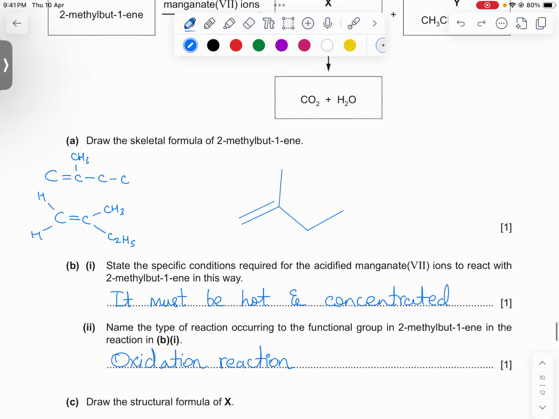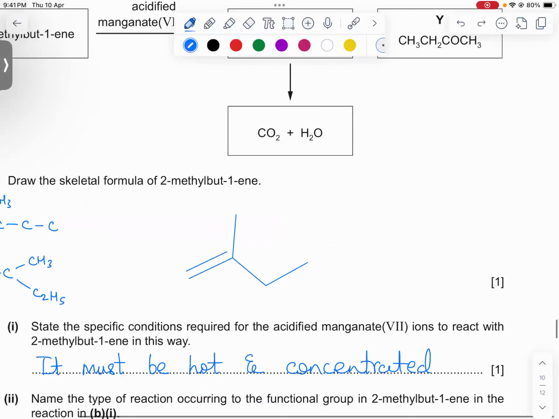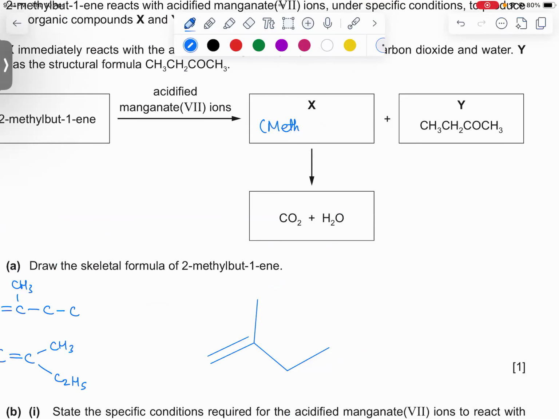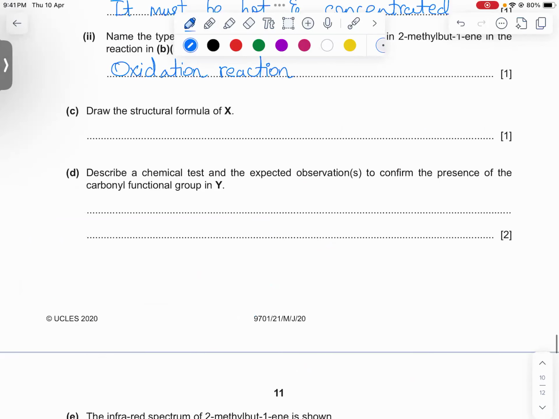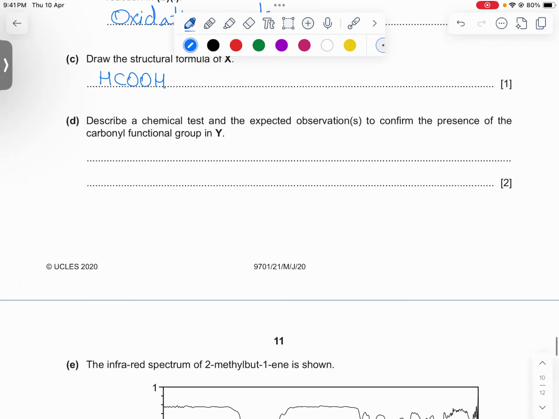So the structural formula of X would look like this because it contains a single carbon. This is always methanoic acid, right? So X is actually methanoic acid that is formed as an intermediate. So we say HCOOH. This is methanoic acid. On to the next question.